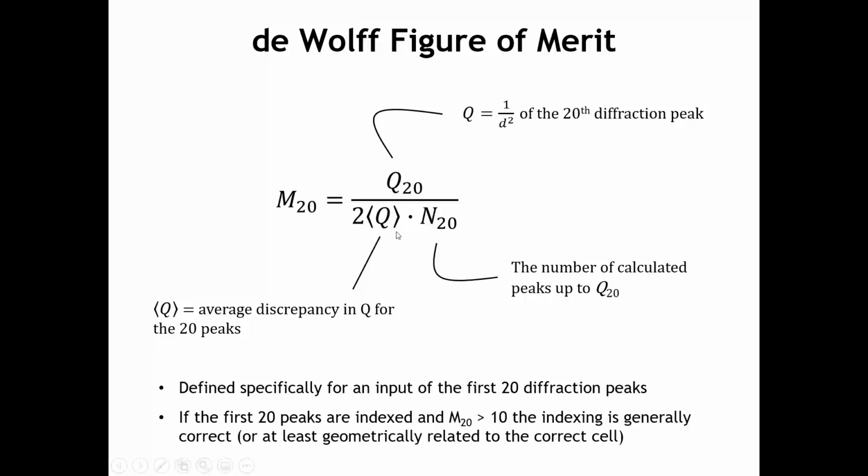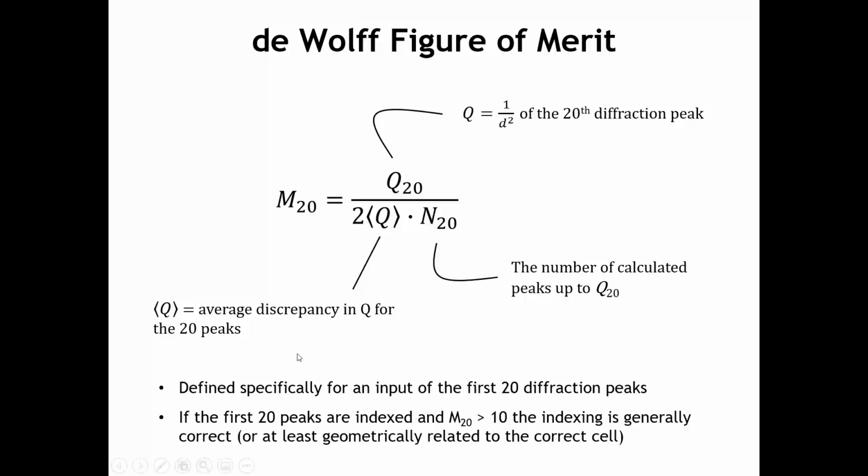The Q that's given down here in these brackets is actually the average discrepancy in Q averaged over all 20 peaks. So this is how far the observed Q is from the Q calculated from our unit cell, which of course is related to how close the 2 theta value that we're calculating with this unit cell is to the 2 theta value that we observed.